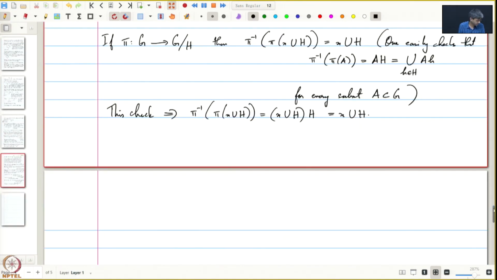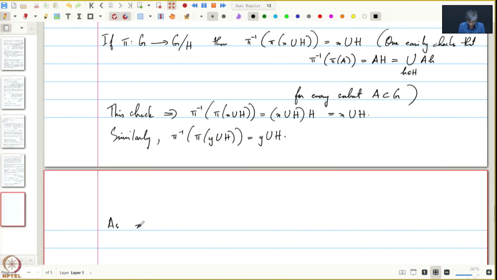Okay. So similarly, pi inverse of pi of y U H is equal to y U H. Okay. So now, x U H is equal to the union over h in H of x U h, and these sets are open, since right translations by elements of H are homeomorphisms. So each of these sets is open, and we are taking a union of open sets.